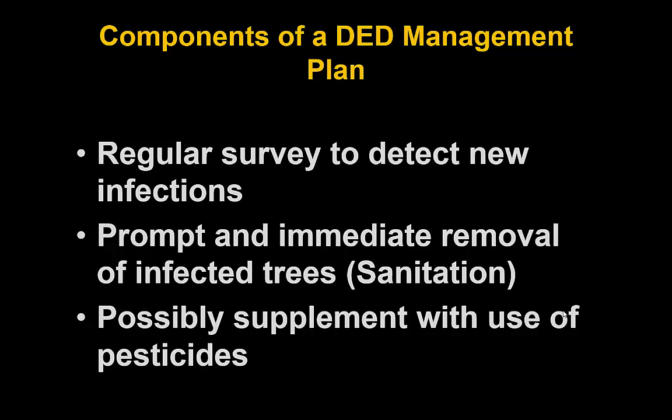Dutch elm disease can be managed. It is largely a sanitation situation where it can be quite effectively managed in many parts of the country, including most of the western states. This requires a program for regularly surveying to detect new infections, prompt and immediate removal of all infected trees without any hesitation, and there is some, although not a lot, of value to the use of pesticides, but this is primarily a sanitation issue.